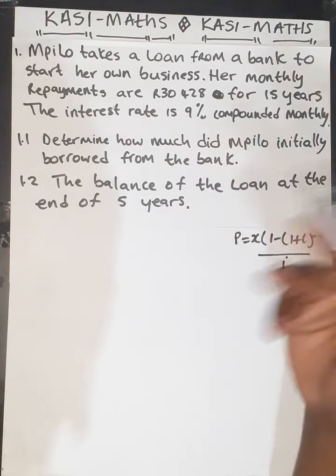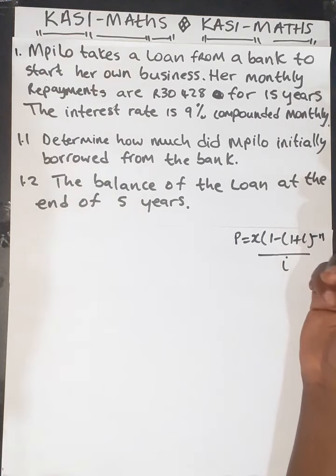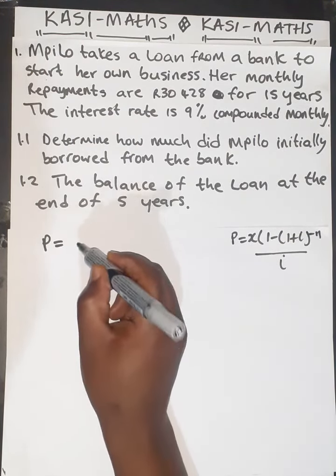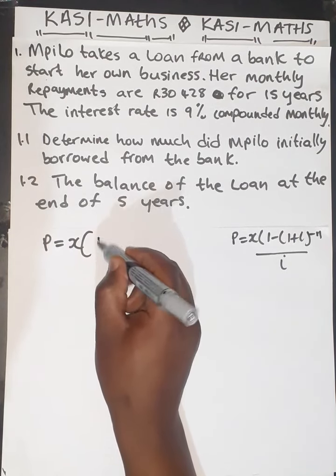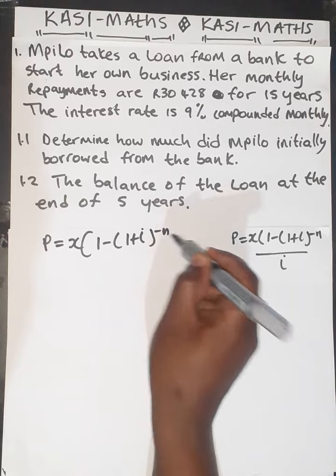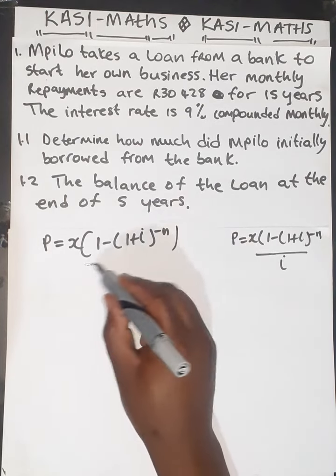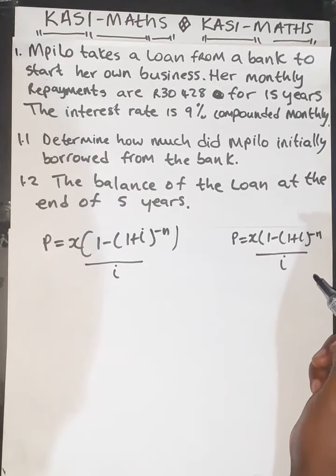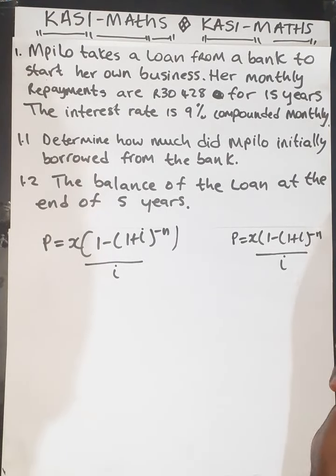So we're looking for the present value, how much she borrowed. So we have P equals X times (1 minus (1 plus i) raised to negative n), all divided by i, from the formula sheet.